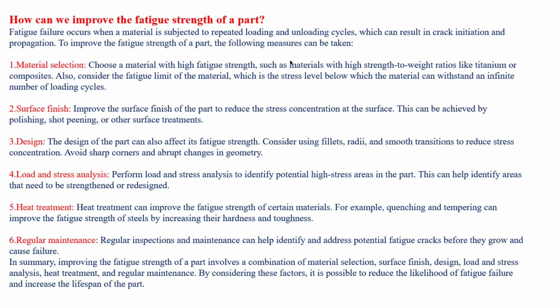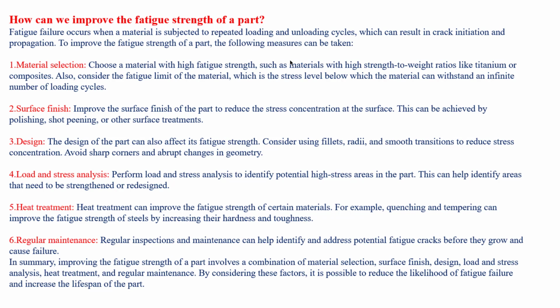First thing is material selection. We can choose a material which has high fatigue strength, very important. Then the surface finish. If you improve the surface finish, you might increase the durability or fatigue strength of the component. When it comes to design, we can add stiffeners, fillets, radii, smooth transitions and curvatures properly so that you avoid sharp corners and increase the strength of the component.